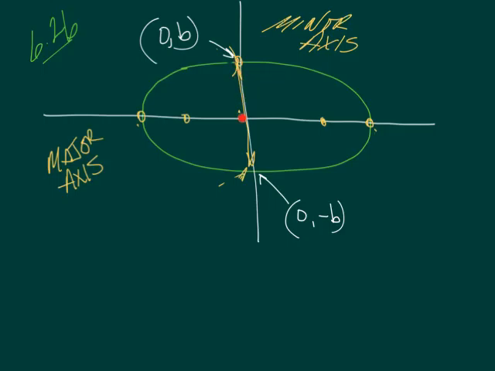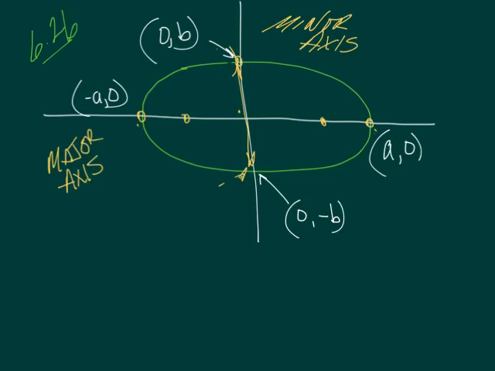It's just one's positive, one's negative. Alright, let's look at the left and right. So the right is going to be a, 0, and over here is negative a, 0. Because again, the distance from the origin is going to be the same to here. It's also going to be the same to here. Okay, so this is a and that's a, and this is just the negative direction of a.